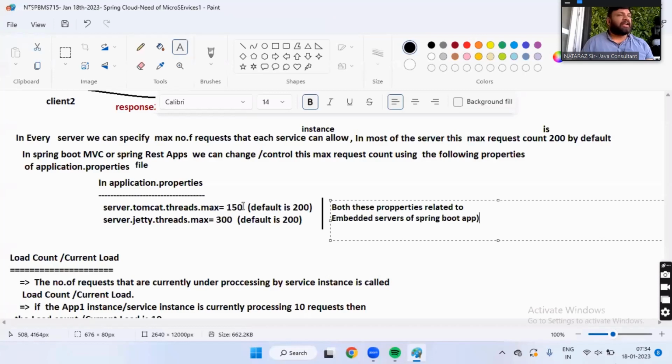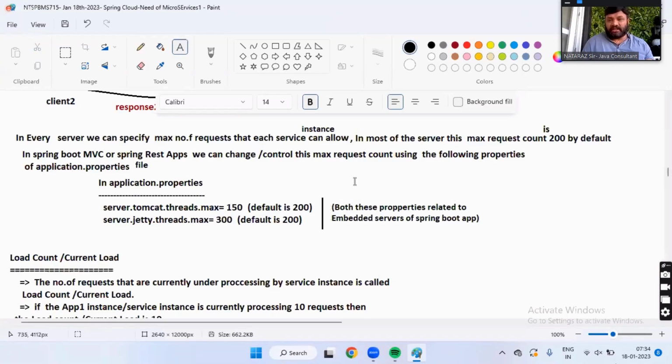At a maximum of 150 requests, it can take.